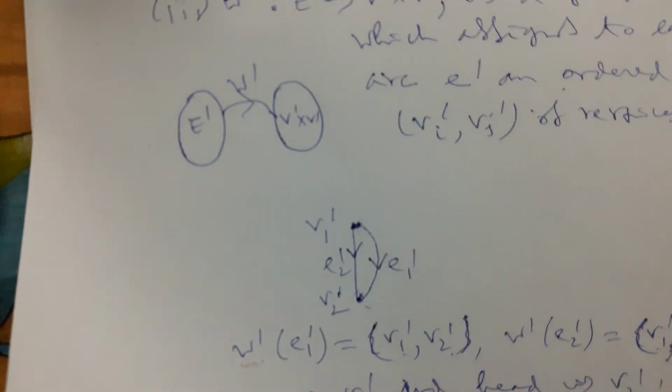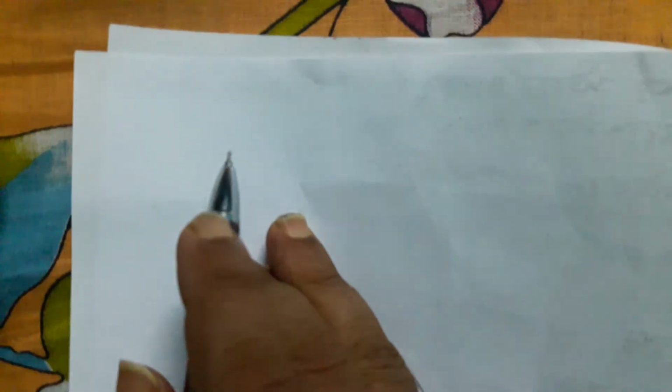And now we consider an interesting thing called in degree and out degree of the vertices. What is in degree and what will be the out degree?